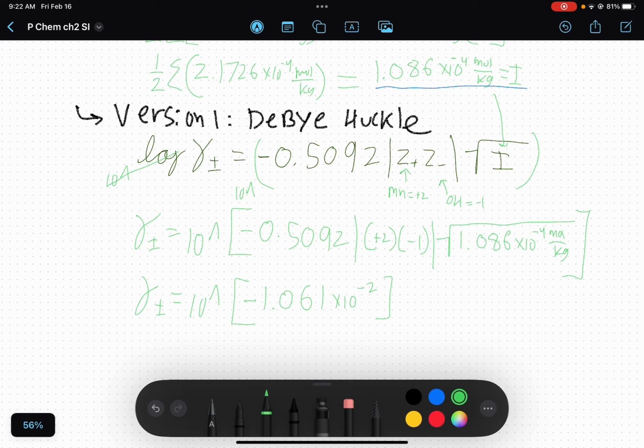I don't know if she expects you to keep them, because with the square roots and the 10 to the power of it all, it's going to end up wonky anyway. And then this one is really unit driven. It's more of a value. Anyway, 10 to the power of answer 9.758.